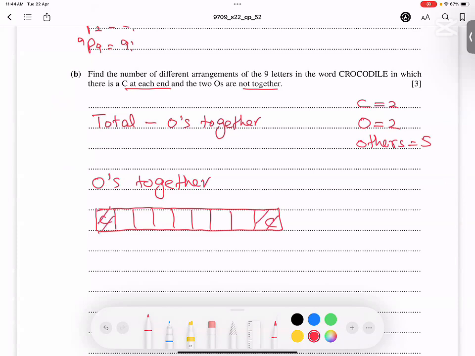So now what happens here when O's are together? If you look carefully, this O can be anywhere. It can be here, here, here. They go together. So I make a planning, then I take them together like one block.